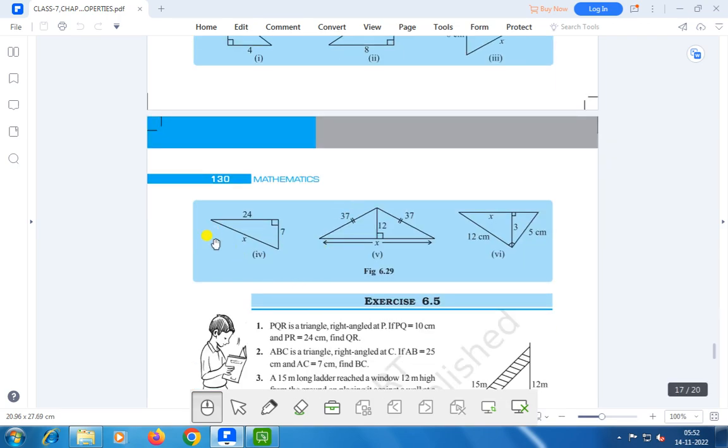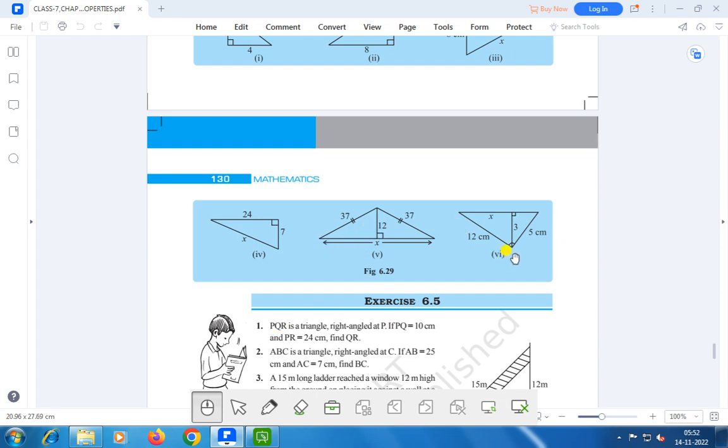In this way, you can find the value of this also, that x square is equal to 7 square plus 24 square. If the hypotenuse is given, therefore 37 square minus 12 square you will get this value, and 37 square minus 12 square you will get this value, and if you add the values you will get the total value of x.